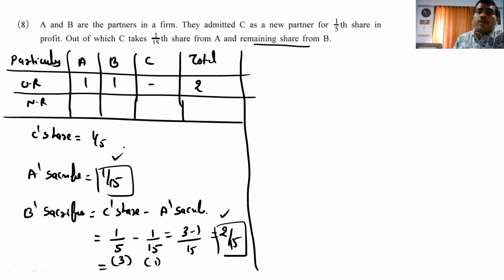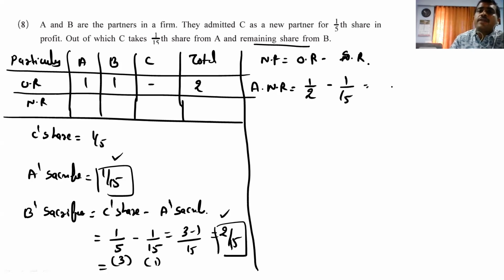Right? So now let's see how to find the new ratio. New ratio is equal to old ratio minus sacrifice ratio. The first formula is A's new ratio. So what is the A old? 1 by 2 minus A sacrifice 1 by 15. I think the cross multiply is the best. 15 minus 2 upon 30. 13 by 30.